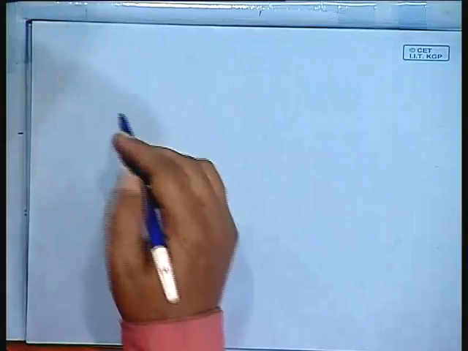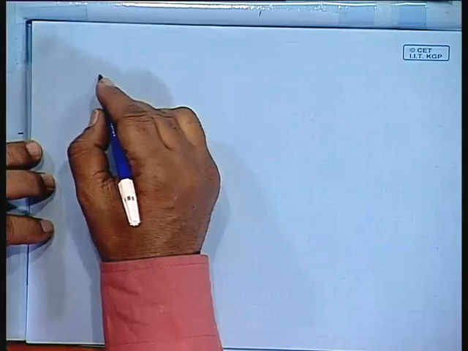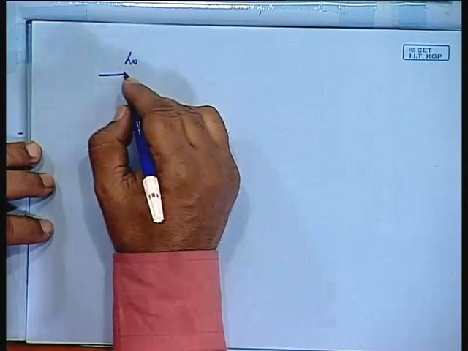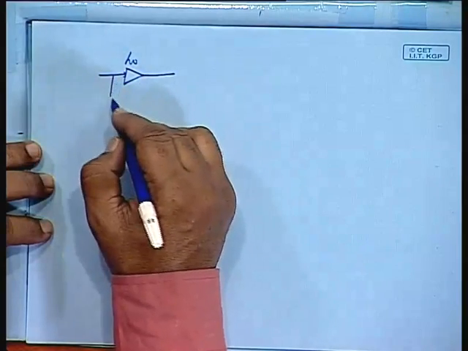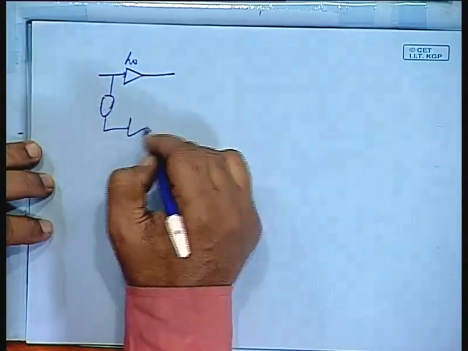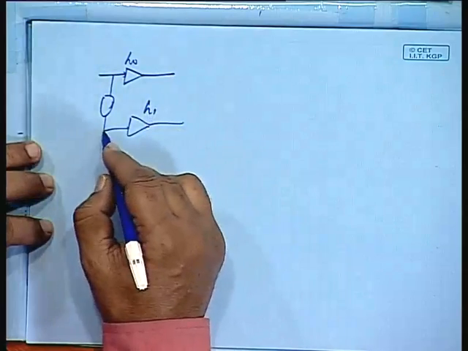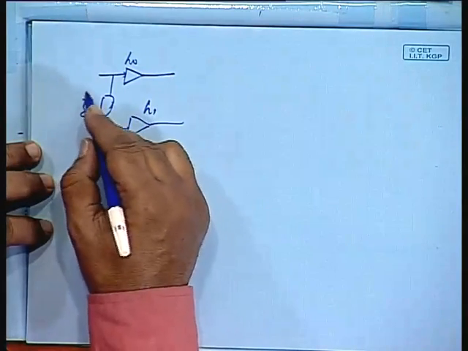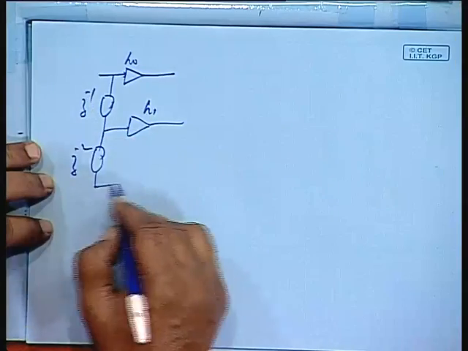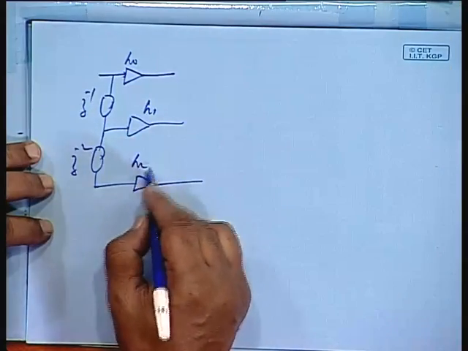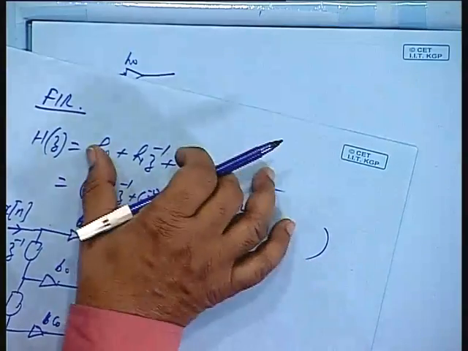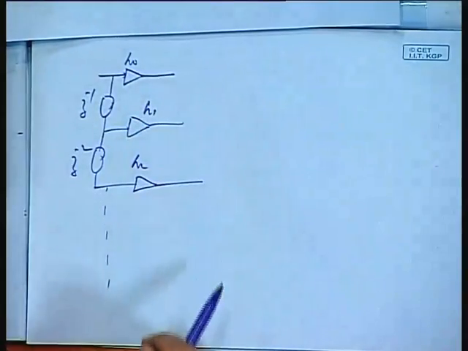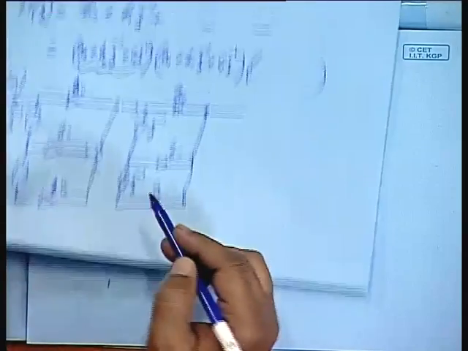Had I had a realization like this, h0, okay, h1, h2 and so on in a single shot, if I had all the elements together, mind you number of delay elements will be identical, all right.